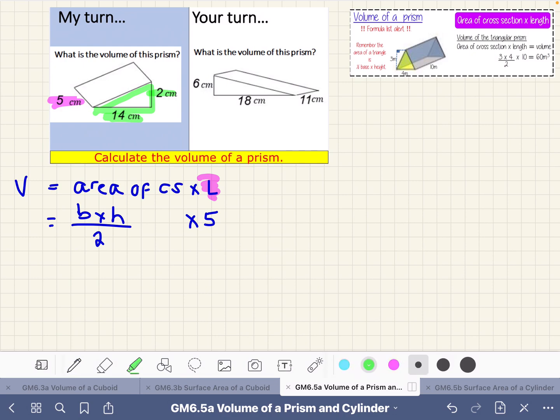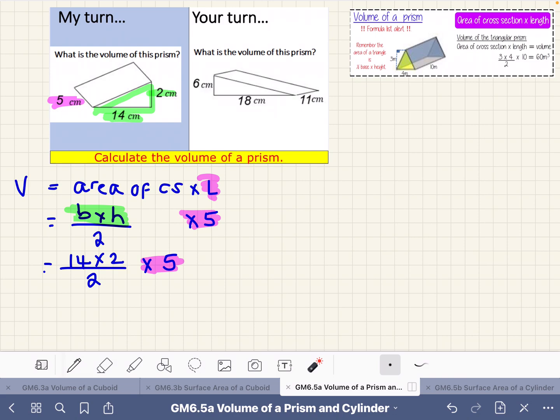So the base times the height is given to us as 14 multiplied by 2. We would be halving that value and then multiplying it by 5 to calculate the volume. So remember, the 5 continues down from the length given to us in the question.